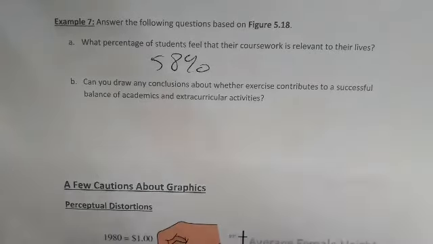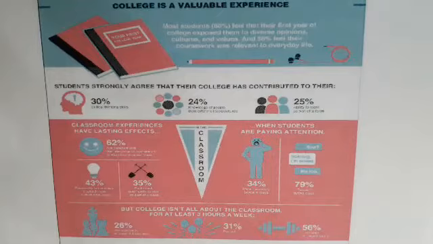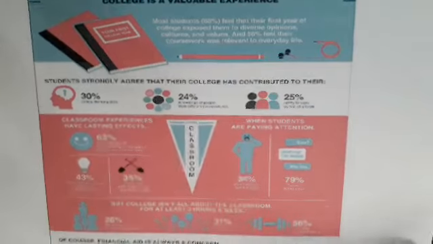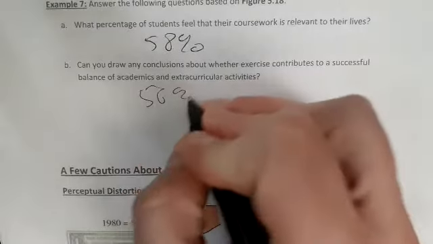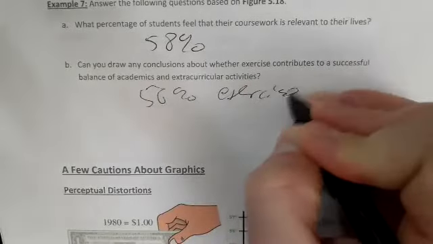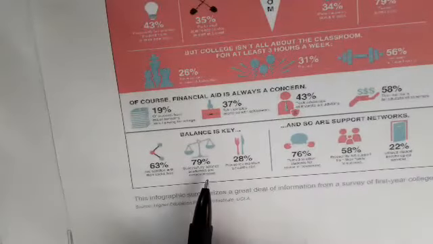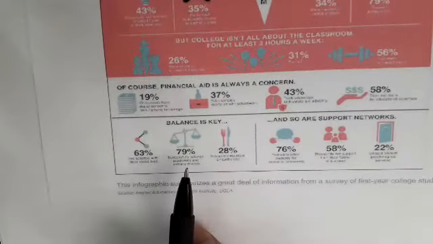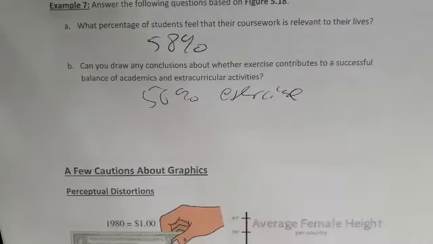Can you draw any conclusions whether exercise contributes to a successful balance of academics and extracurricular activities? It looks like 56% are saying that they exercise. And then we also know something, 79% feel they have successfully balanced their academics and extracurricular activities.